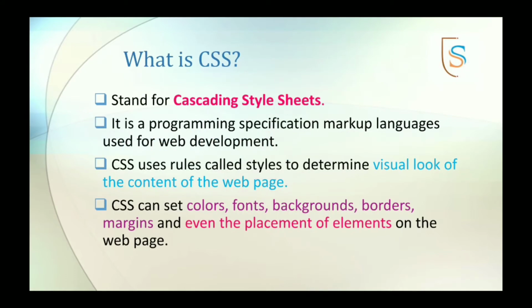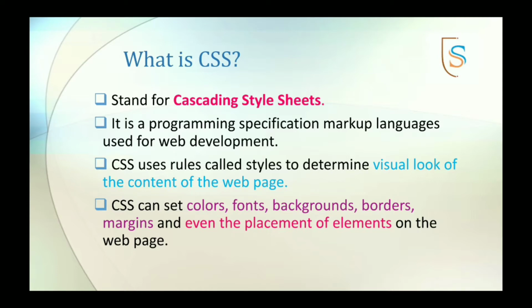So first of all the question arises, what is CSS? CSS stands for cascading style sheets. It is a markup language used for web development. CSS uses rules called styles to determine the visual look of the content of the web page.